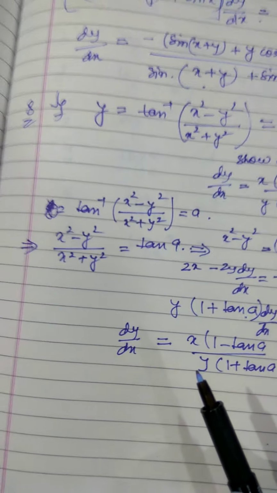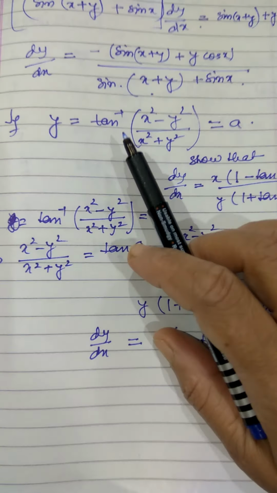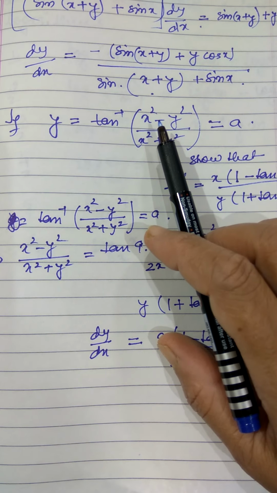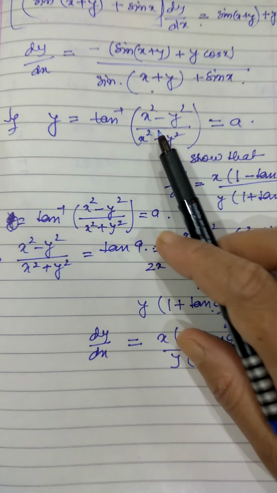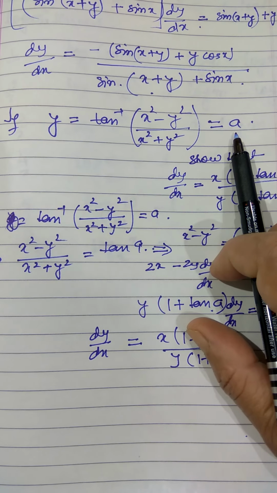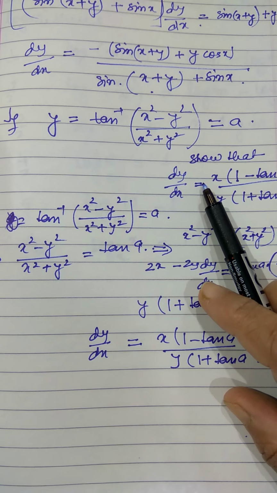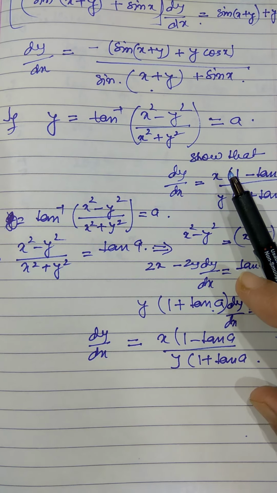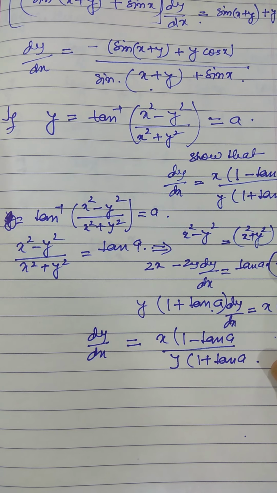Next is, if tan^(-1)((x² - y²)/(x² + y²)) = a, show that dy/dx = (x/y)·(1 - tan a)/(1 + tan a).